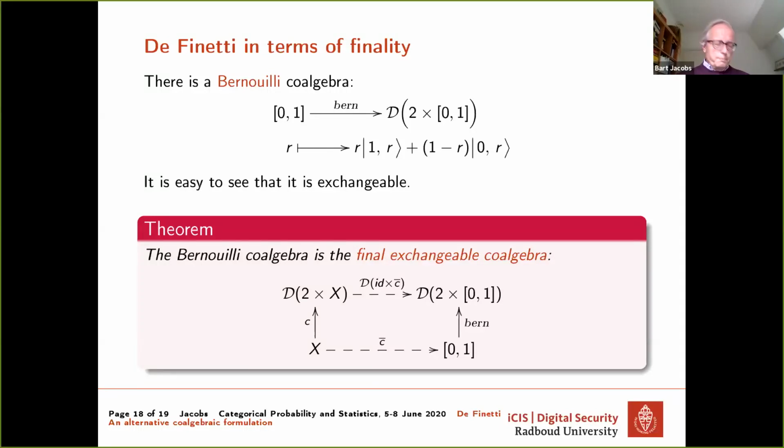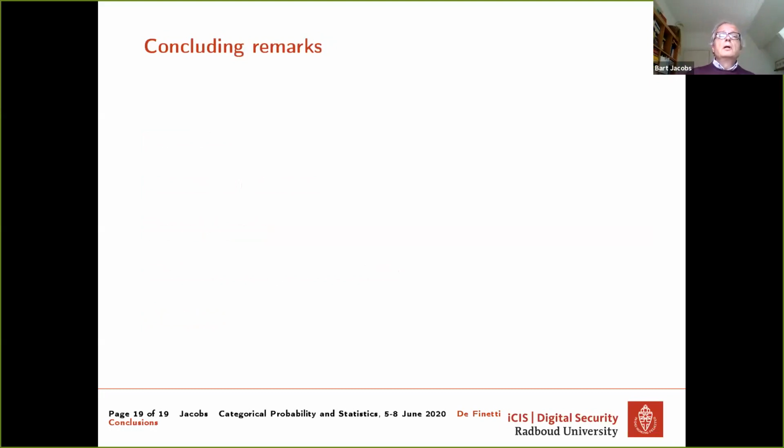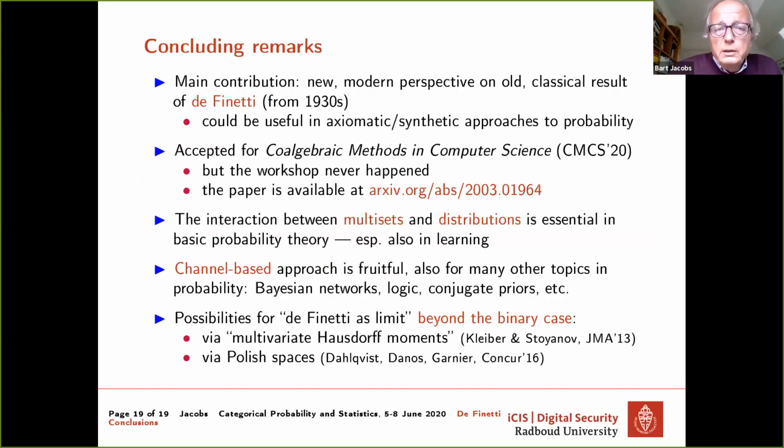Okay, this brings me to my conclusion. One slide. First of all, the main contribution is that this work gives a new and modern perspective, a categorical perspective, I would say, on an old classical result from the 1930s.